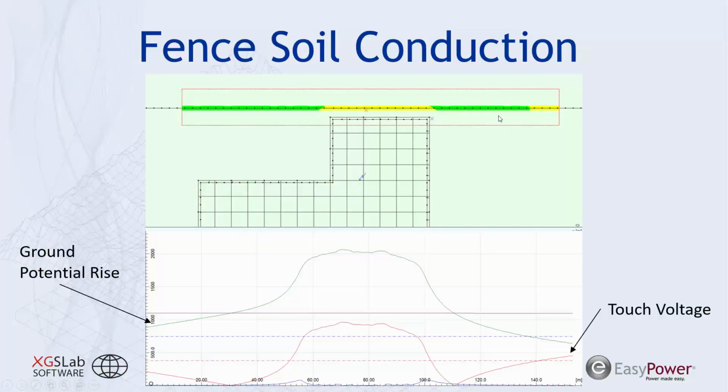The problem is now, as we go farther to the east, that our fence now has an elevated voltage and our ground potential rise from the substation is dropping off. So our fence is now a sufficiently high voltage that it's creating a touch voltage extending out from our station.